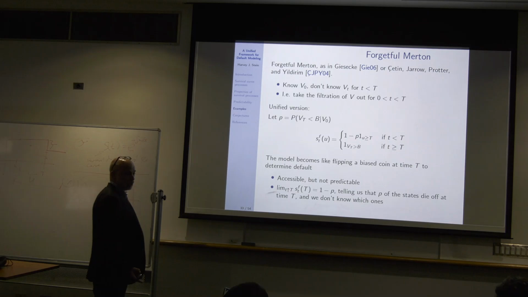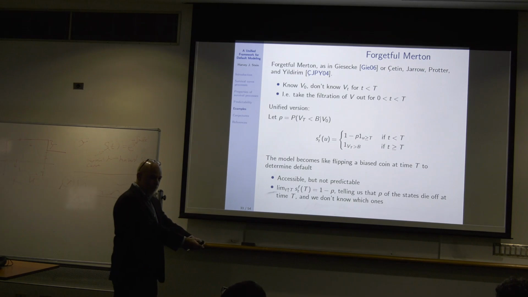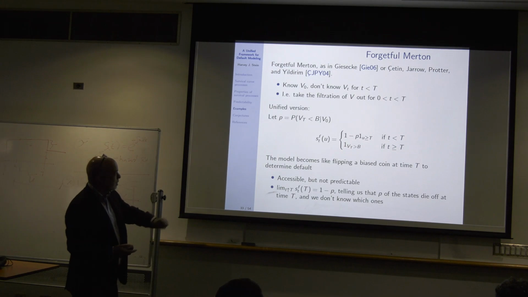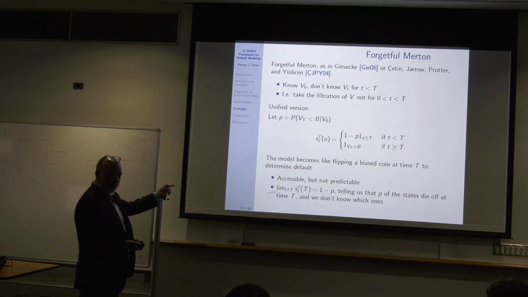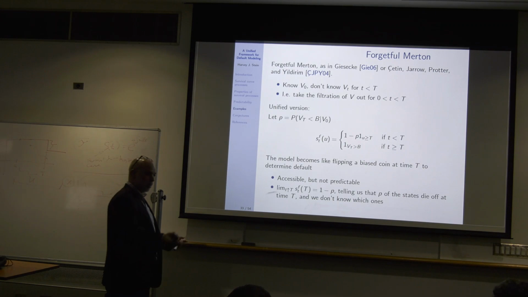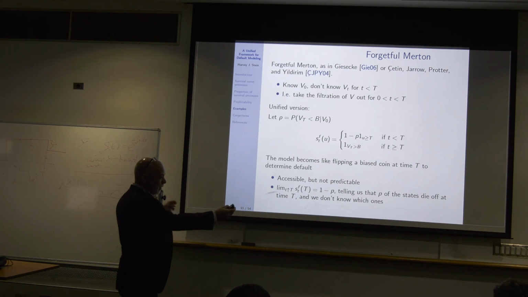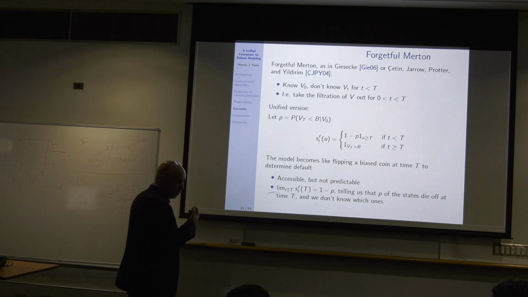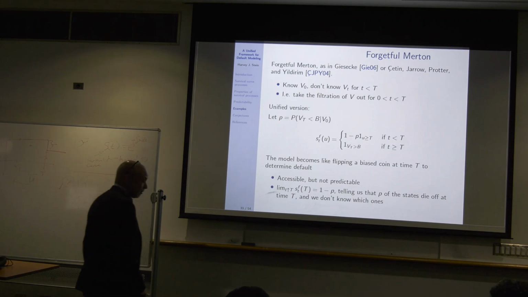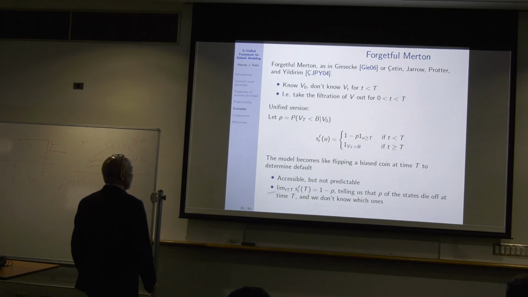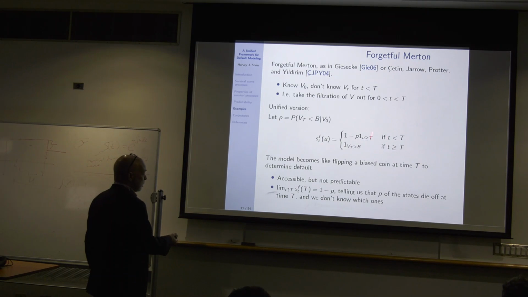If you're playing with filtrations, if you're trying to keep the same setting but take information out of the filtration, you have to do it this way. Otherwise, you're doing something a little bit different. You're saying the barrier is a random variable, which would be equivalent mathematically. You would get the same formula. But this shows that they're mathematically equivalent also.